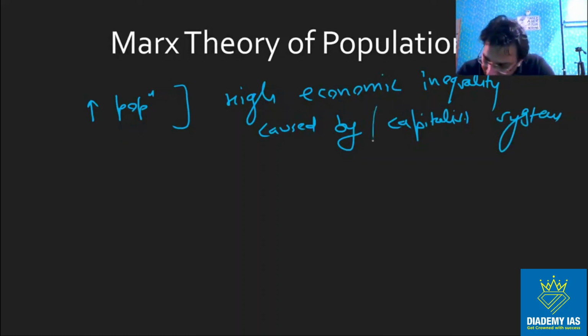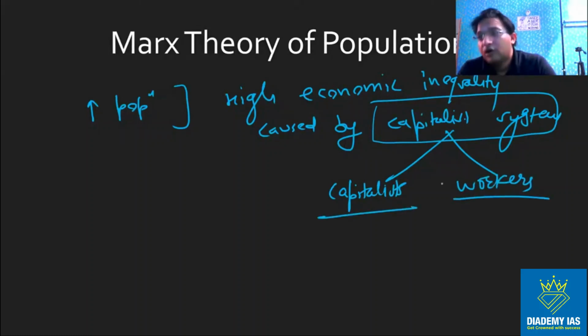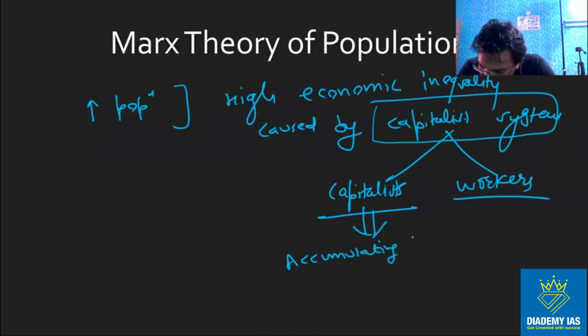He said that in the capitalist system there are two classes. One is the owners or capitalists. Another is the workers. He said that these capitalists are accumulating property through profit, right?